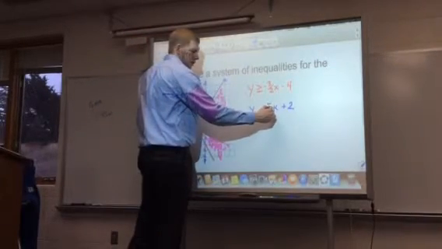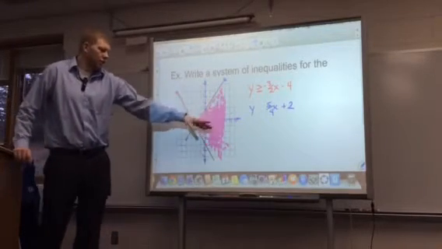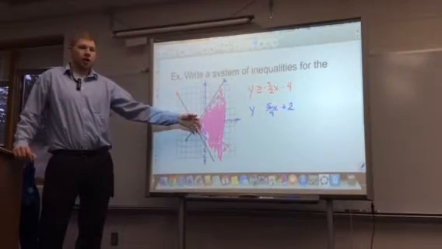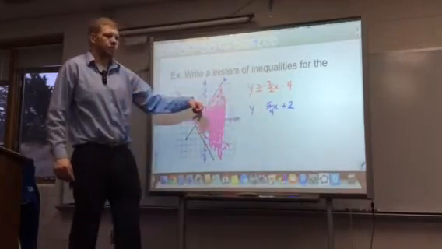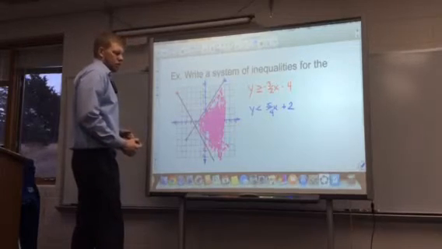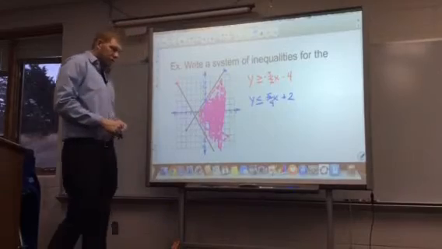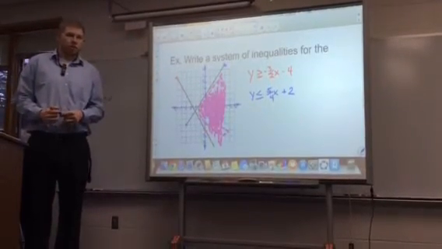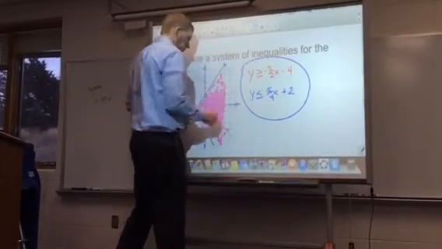So +5/4. Okay, now for this one the shading is under, and 0, 0 is included again. So is 0 greater than or less than 2? Less than. Just less than, or less than or equal to? Less than or equal to again because our line is solid. Do I need to do anything else? No, I'm done. And that's my answer.